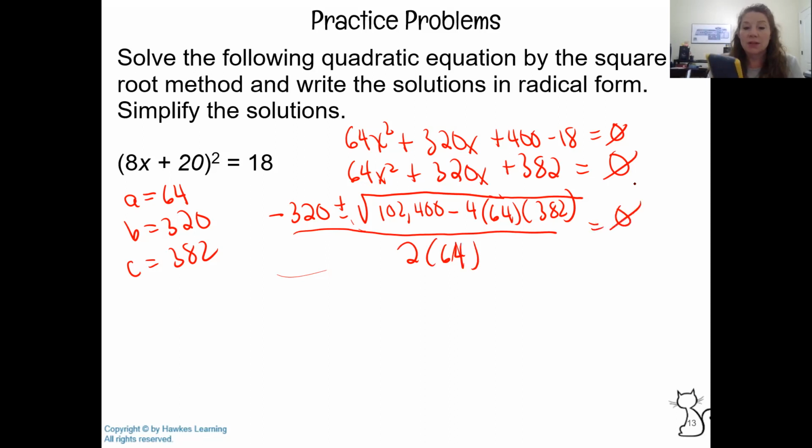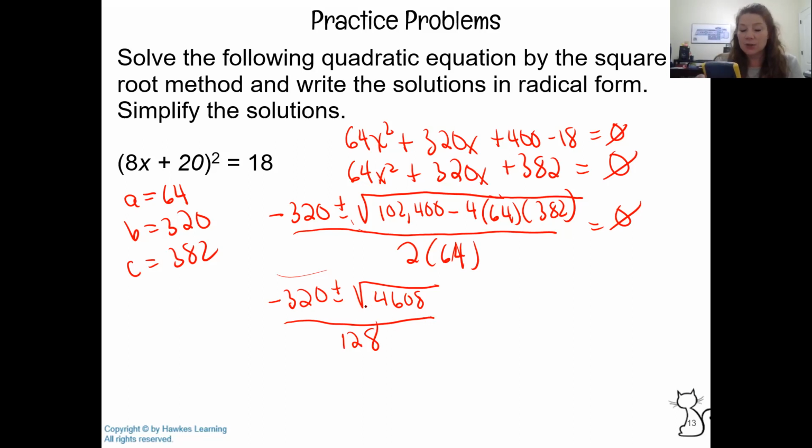So we're going to have that big number minus 4 times 64 times 382. No, it's not a negative number. It's 4,000. So we're going to have negative 320 plus and minus the square root of 4,608 over 64 times 2, which is 128.